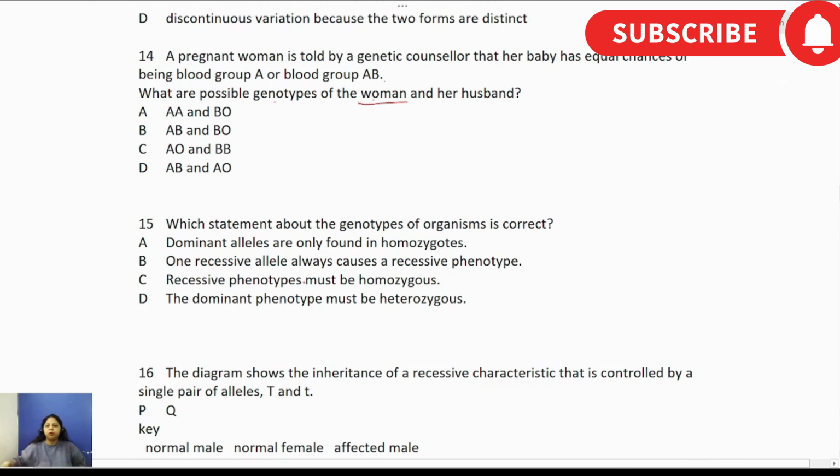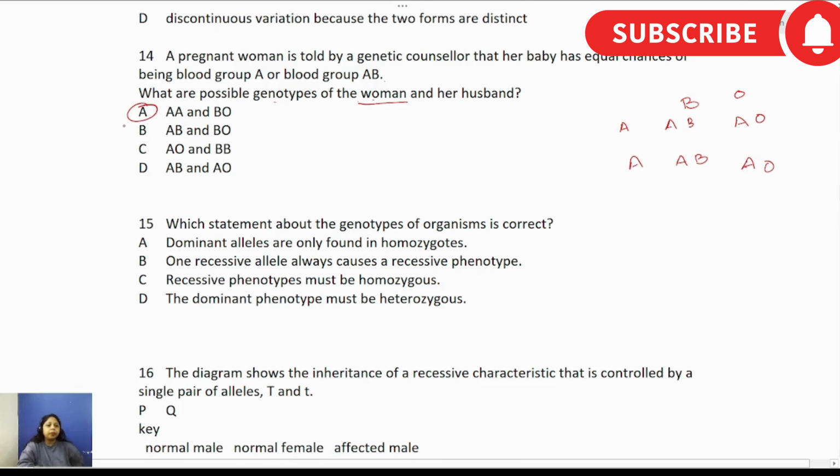Heterozygous B. So our answer would be B. Okay, let's see. It's A, and it's AB, right? And it's A. So 50-50% chances. Equal means 50-50% chances. Here we would have A, and here we would have BO. So our answer is A.